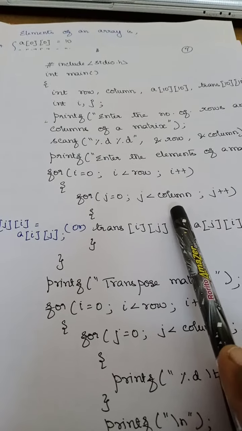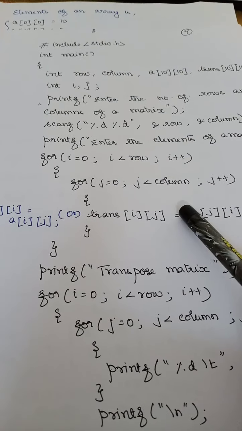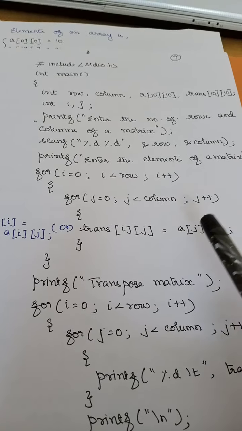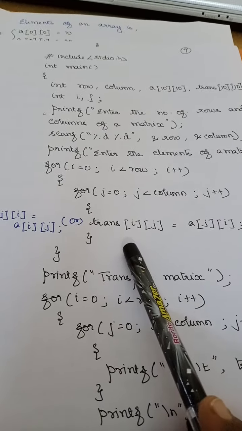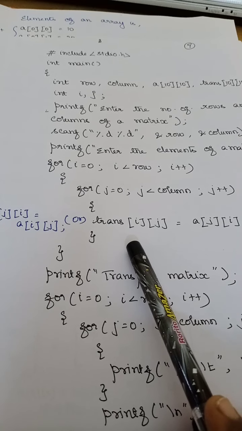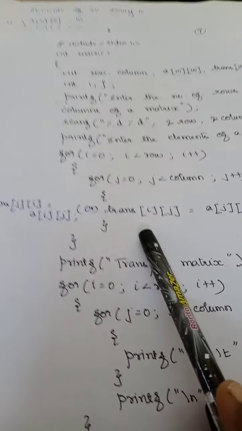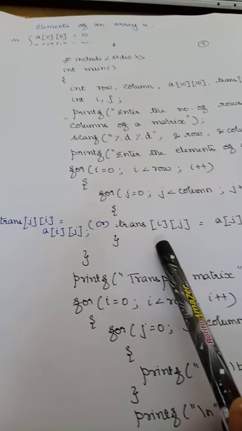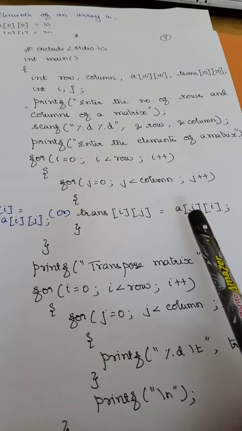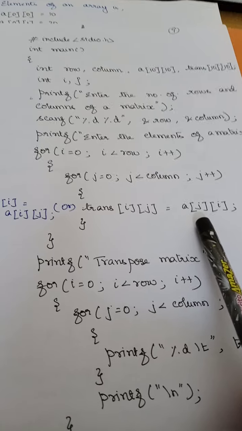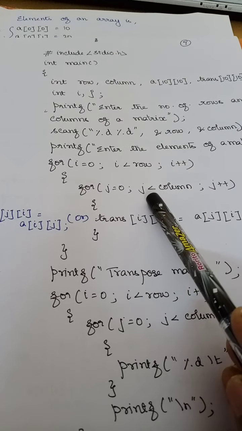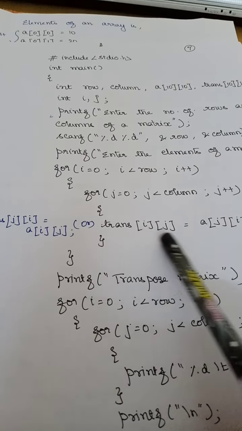Now when I am reading the element of A, I can directly store it in the transpose of the matrix, right? Here if you want, you can have separate for loops for first reading the elements of the A matrix, and then again use the same for loops and have this statement.